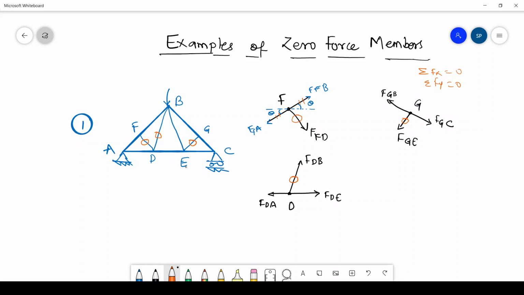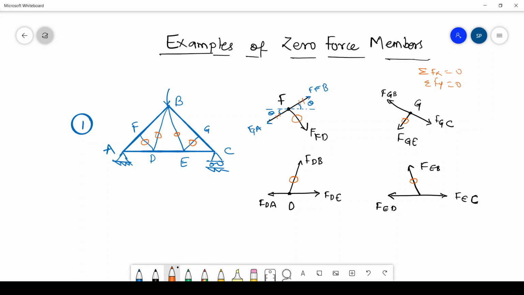Similar to that, if you consider joint E now, at E, that EG is already 0, then force along EB, force along ED and force along EC. Again if you apply summation Fy equal to 0, this has to become 0.